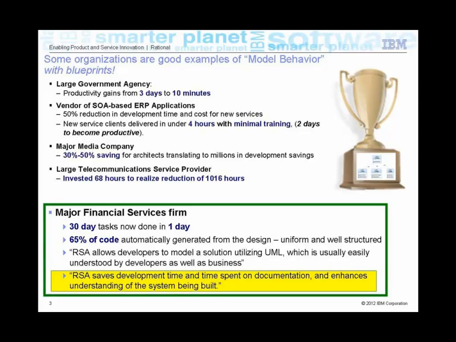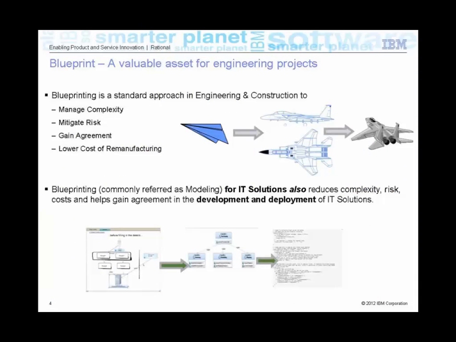That is, Rational Software Architect saves development time and time spent on documentation, enhances the understanding of the system being built, and generally makes it easier to communicate downstream in our application efforts.